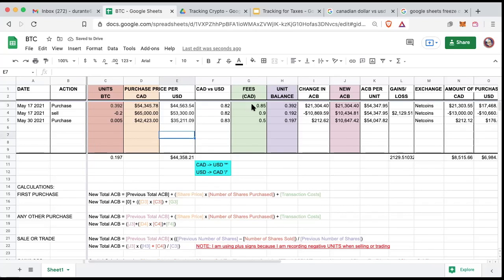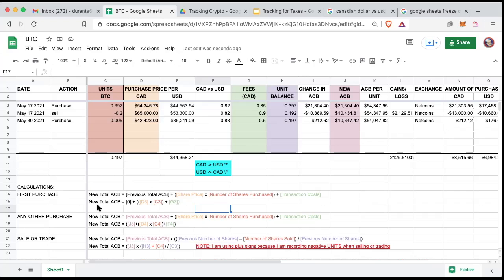Moving on, I've entered my fees if I had any, and these columns here are where calculations start to take place. I have equal signs in all of them. Down here, I've explained what's happening above. This is our first purchase. So when we get a new total ACB, it's equal to the previous total ACB plus the share price times the number of shares purchased, and then we add it all up to any transaction costs.